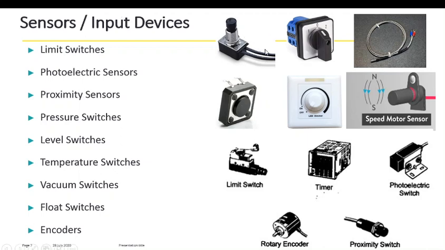So these are some input devices shown with the help of pictures. This is an on-off switch or push button. This is also a push button. This is a selector switch, which you can see in your fan regulator.